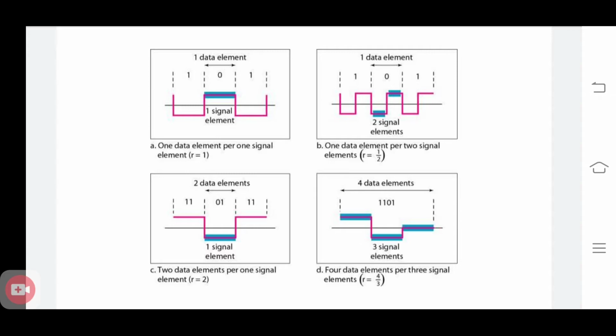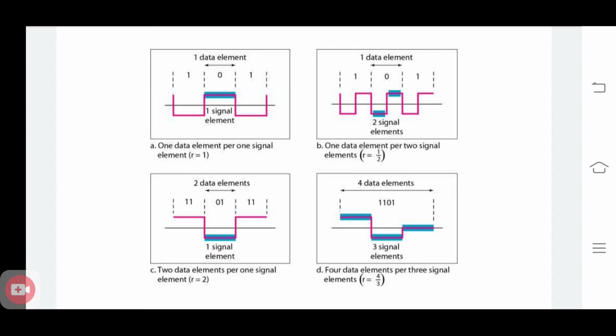That means one data element can be represented as one signal element, right? In the next figure B you can see one data element 0 that can be represented by using two signal elements, right? A plus voltage is there, also a minus voltage is there.